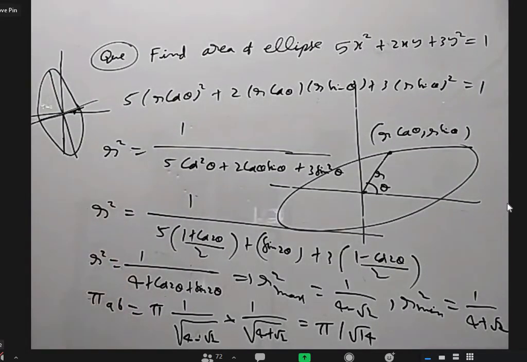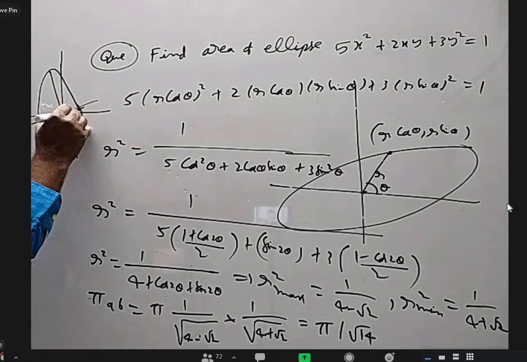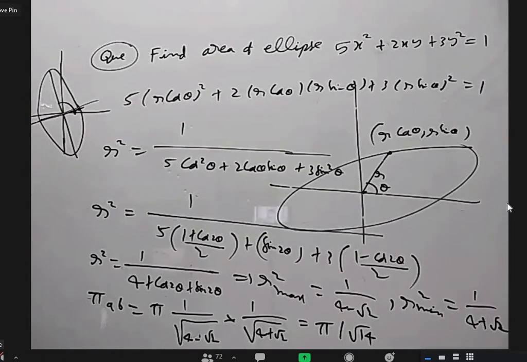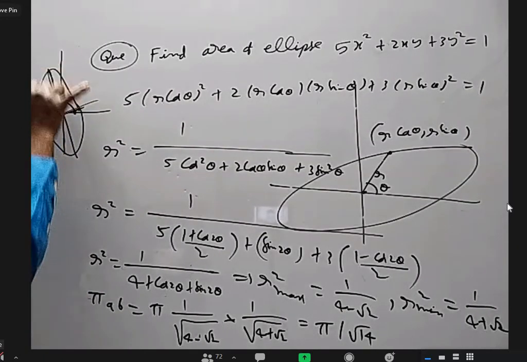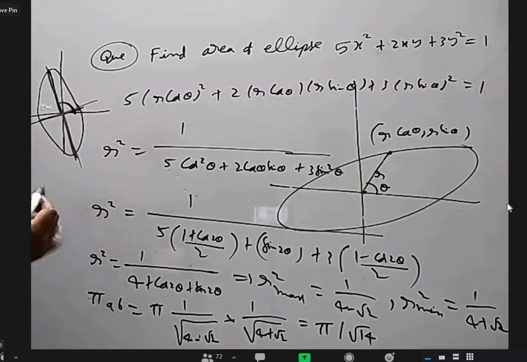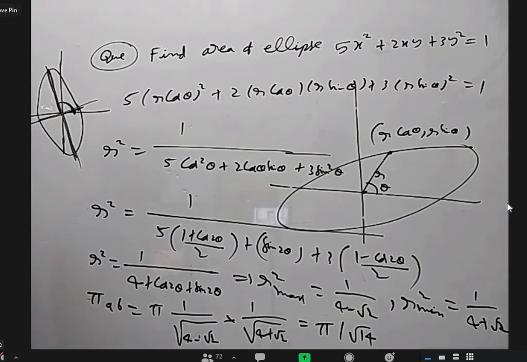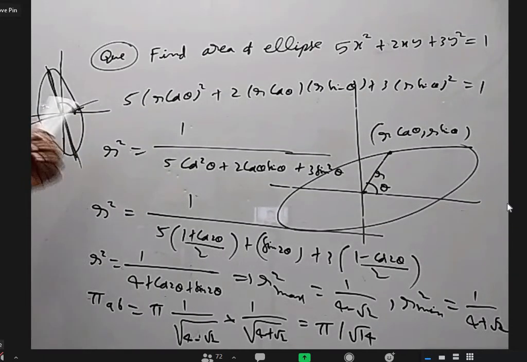And if this is pi by 8, obviously this is pi by 2 plus pi by 8, 5 pi by 8. So when theta is 5 pi by 8, it will attain maximum. Take tan 5 pi by 8 as the slope, and you get the major axis. So you are able to find everything about the ellipse now: the lengths of the semi-major and semi-minor axes, their inclinations, the equations of the major and minor axes, the A and B values, the eccentricity and foci, anything you want.